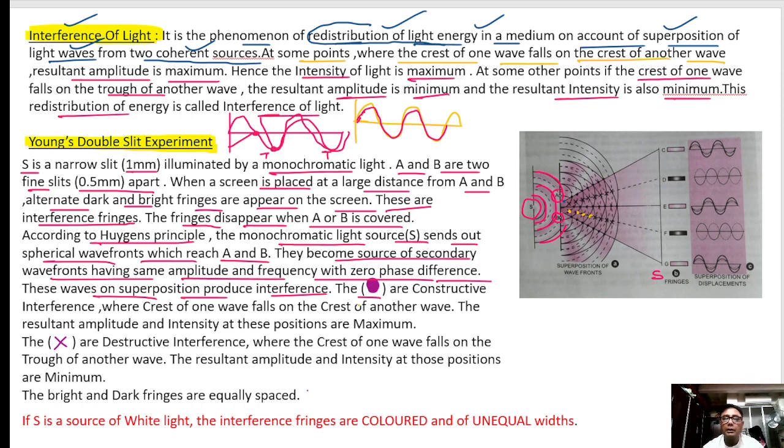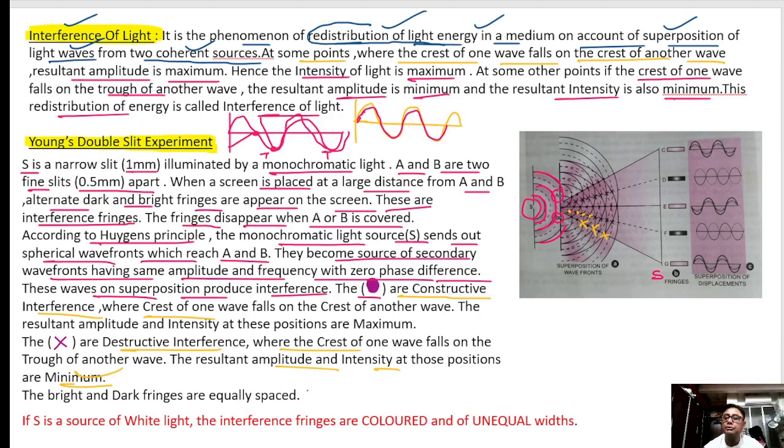The dark dots are constructive interference, where crest falls on crest. And the crosses, here is the cross, here is the cross, here is the cross, are the positions of destructive interference. That means you will have a dark band there. The energy and amplitude will be minimum there, and that is what you can see on the screen.